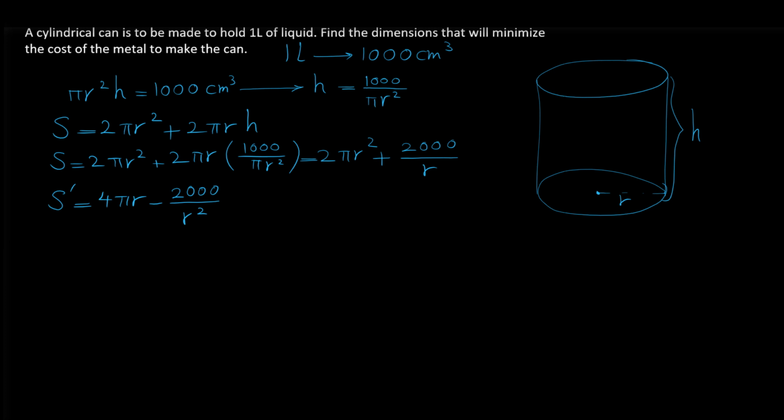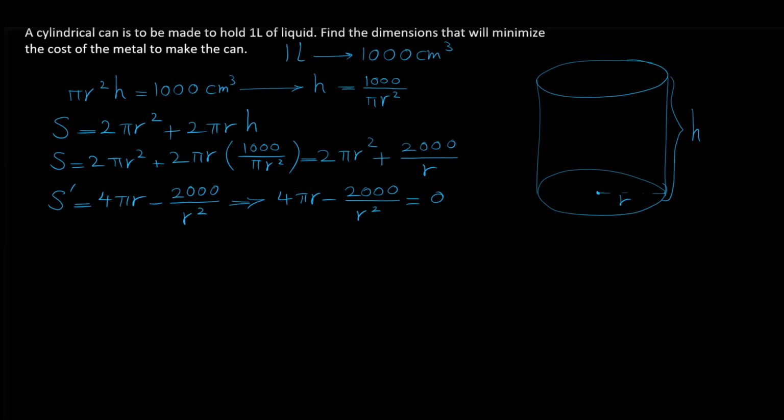For finding the critical points, we have to set s prime equals 0. So 4 pi r minus 2000 over r squared equals 0.